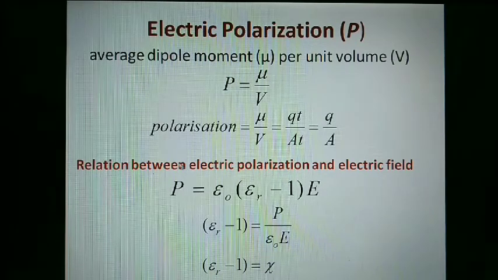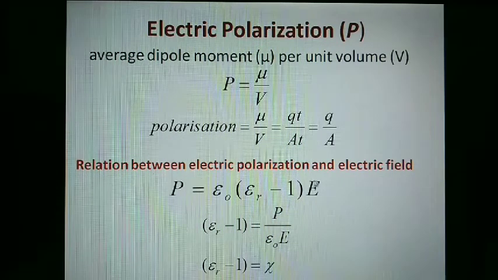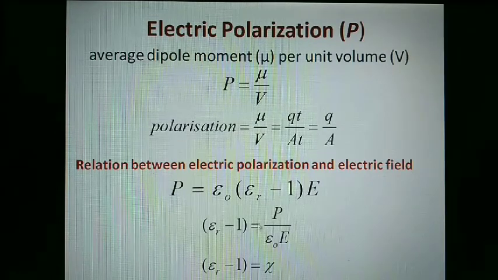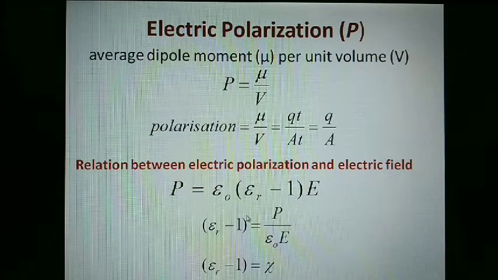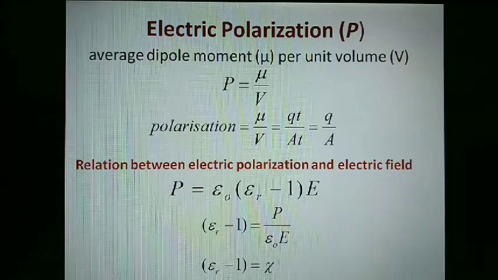There is one more relation for the electrical polarization with the electric field E. Electrical polarization is equal to epsilon naught into epsilon r minus 1 into E, because after rearranging this equation you will get P by epsilon naught E. There is a theory which shows that epsilon r minus 1 is equal to the susceptibility.